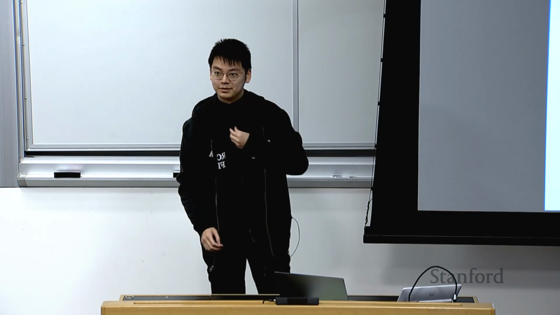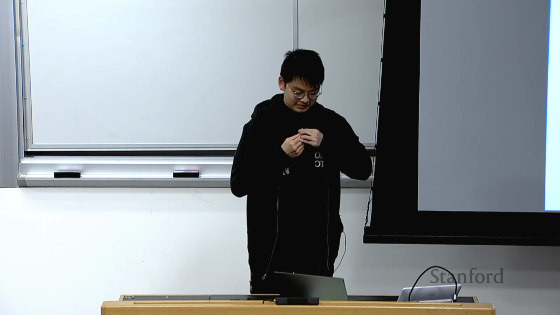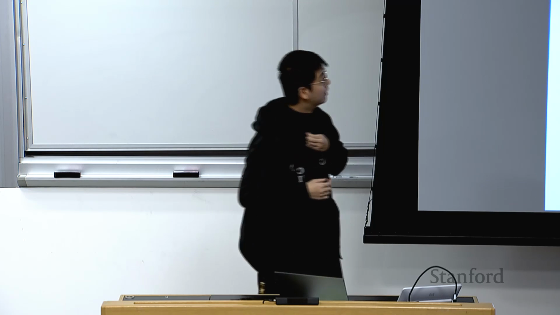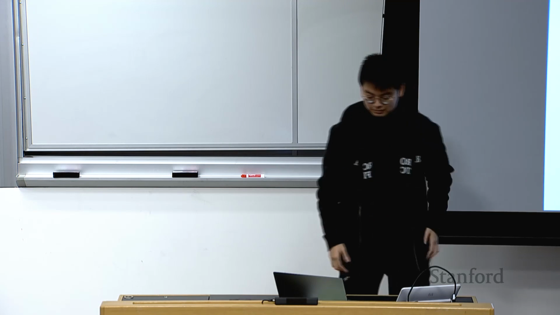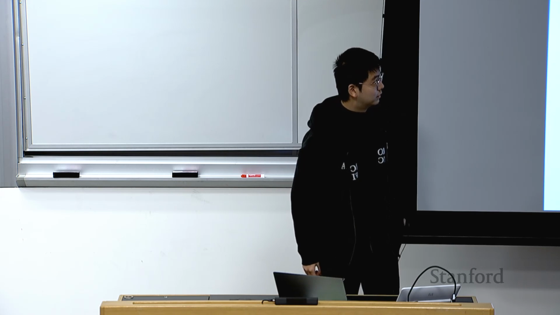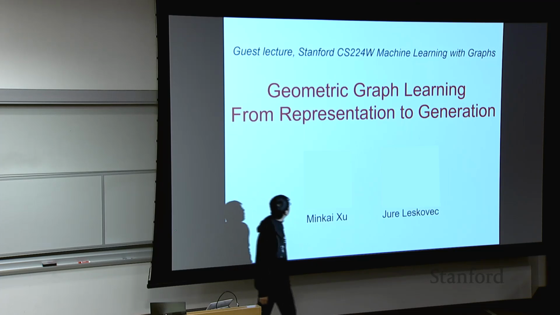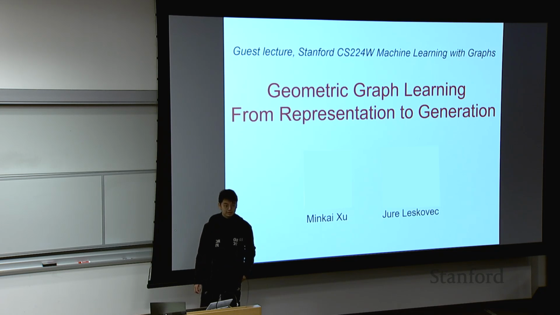Thank you, Jure, thanks to Jure for having me today here to introduce this promising direction in advanced graph representation learning, and also I can incorporate our most recent progress about graph generation or geometry generation using diffusion models.